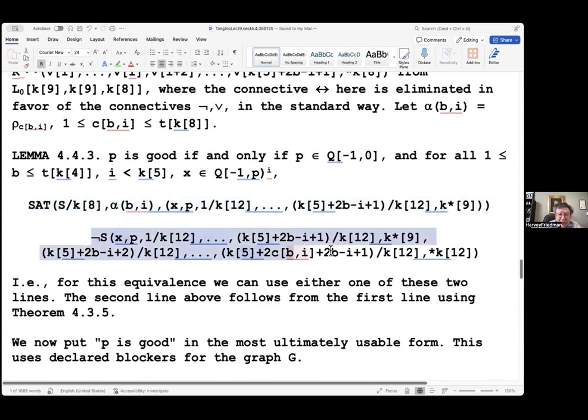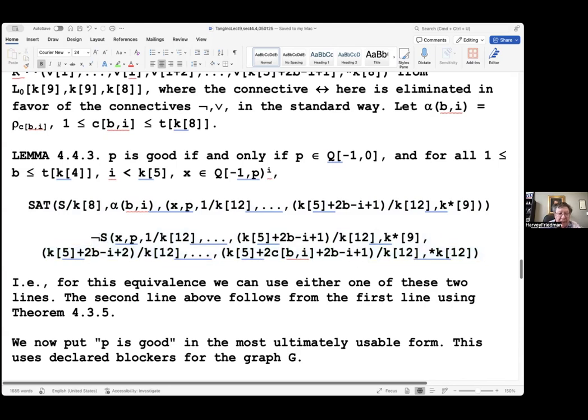We apply the connective elimination. Now we don't have any quantifiers to eliminate, to get not S of a big mess from this front stuff, together with these extra parameters that are indiscernibles, these indiscernible extra parameters.